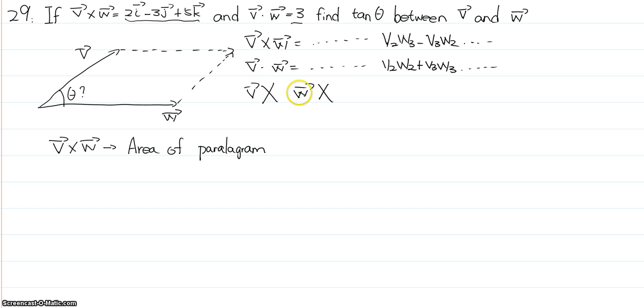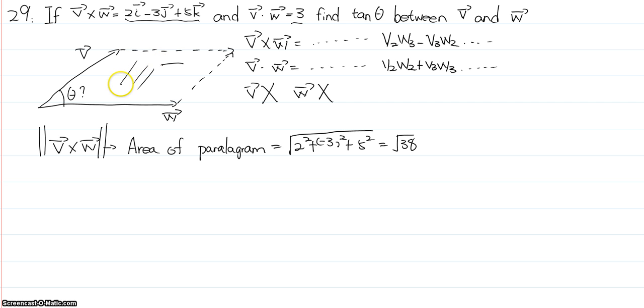This is the magnitude of the cross product, which you can find is the square root of 2 squared plus negative 3 squared plus 5 squared, which is square root of 38. So the area of this parallelogram is square root of 38.